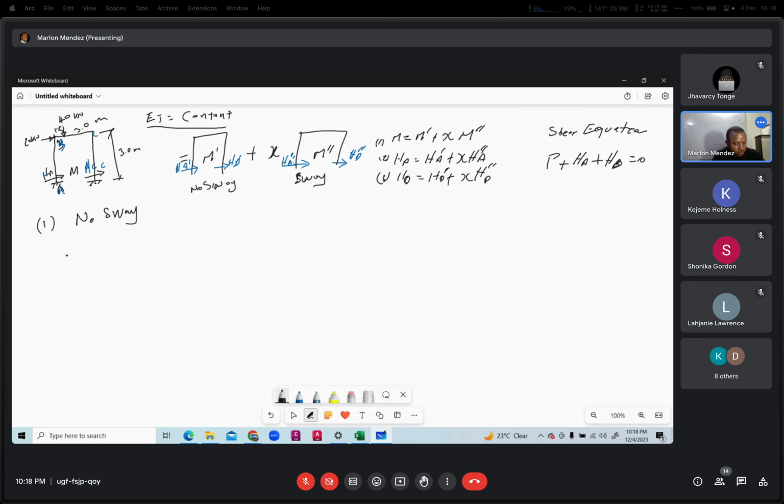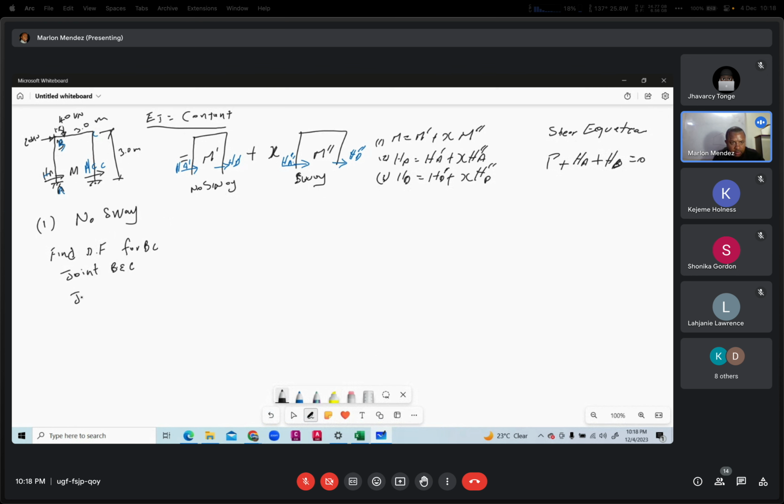So let's go. We're saying no sway, find the DF for BC. So this is joint B and C.